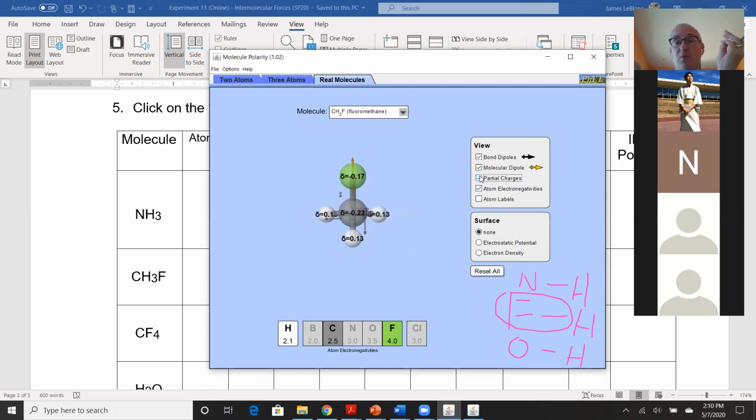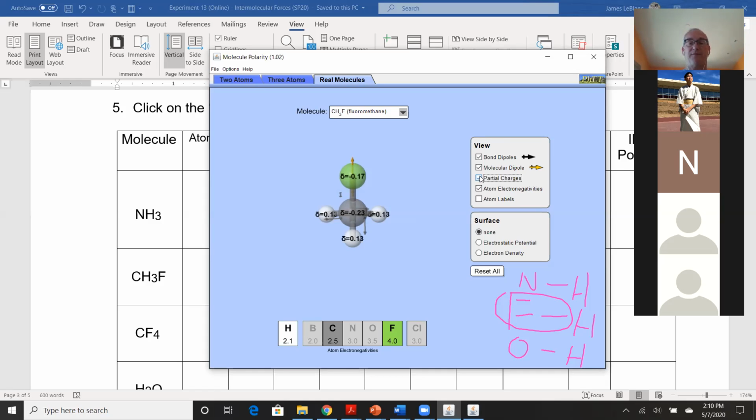Big difference. It's more than twice as much. When they're bound directly to nitrogen, fluorine, or oxygen, their partial positive charge goes way up. And here, they're hardly positive at all.